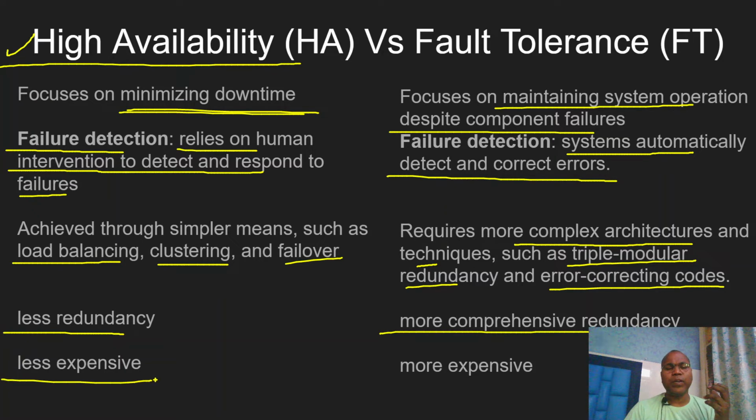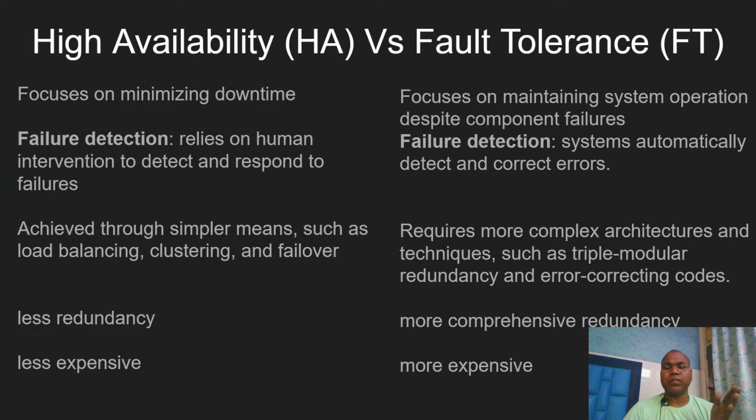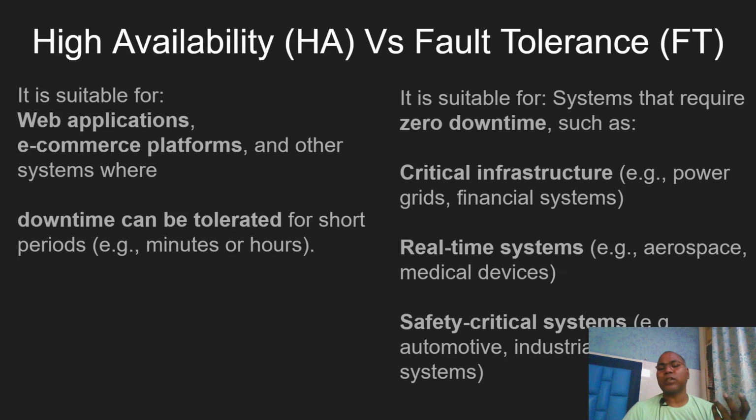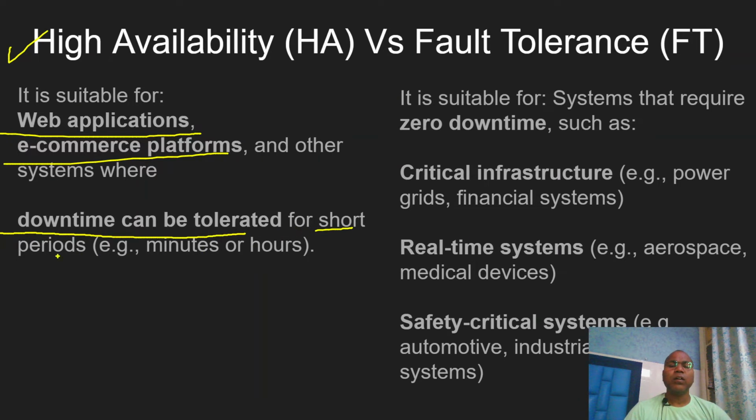A fault tolerant system is very expensive, while high availability is comparatively less expensive. These are the points to consider when talking about HA systems or fault tolerant systems. HA is a good fit for web applications, e-commerce platforms, and other systems where downtime can be tolerated for some period of time.